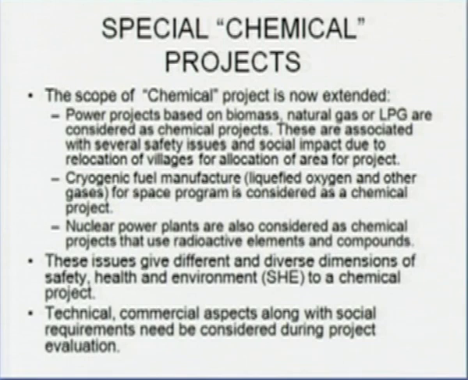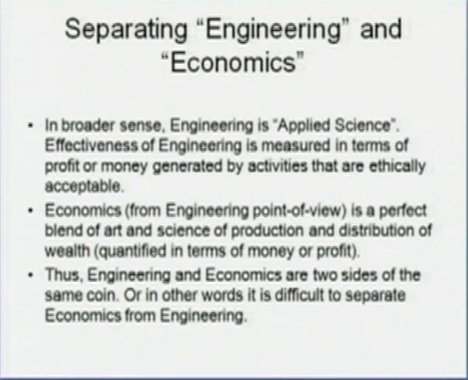Technical and commercial aspects along with social requirements need to be considered during the project evaluation, and this SHE is a major aspect. Let us try to see what is engineering and what is economics.